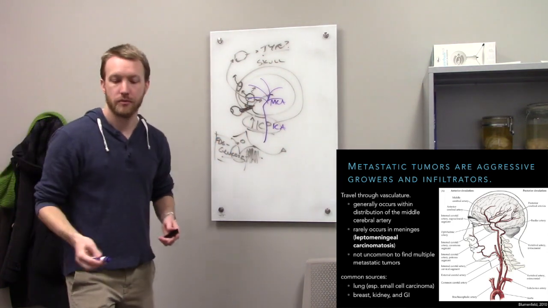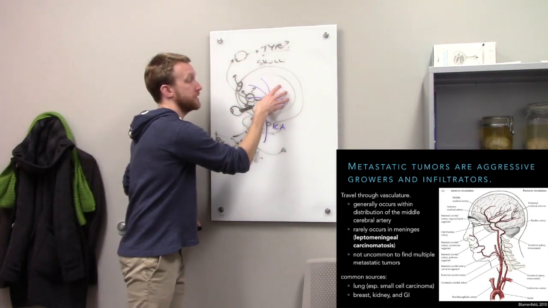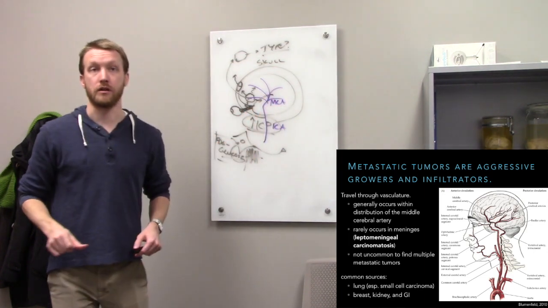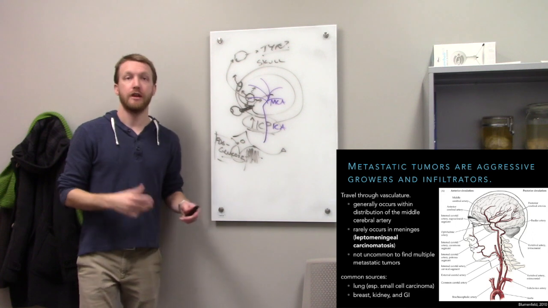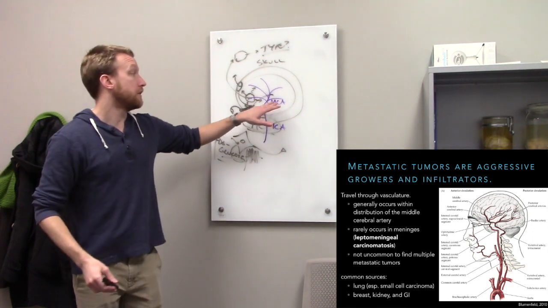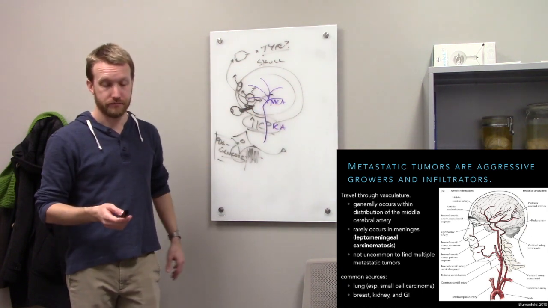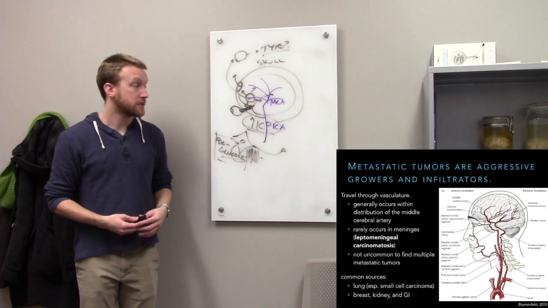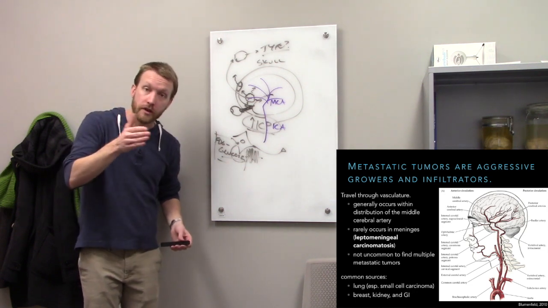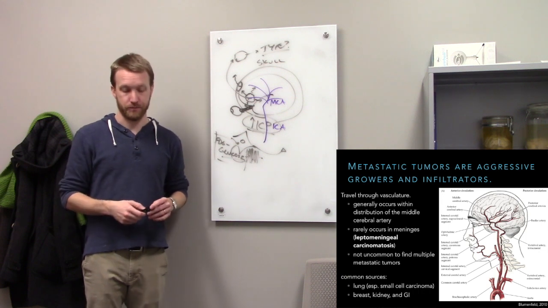So most of the time you're going to find these metastatic tumors within the territory of the middle cerebral artery. Very rarely will you find it in the meninges. And when you do find a metastatic tumor, it's not uncommon to find another one. Because they're metastatic, they are able to actually wiggle their way through the blood-brain barrier and enter the brain tissue.